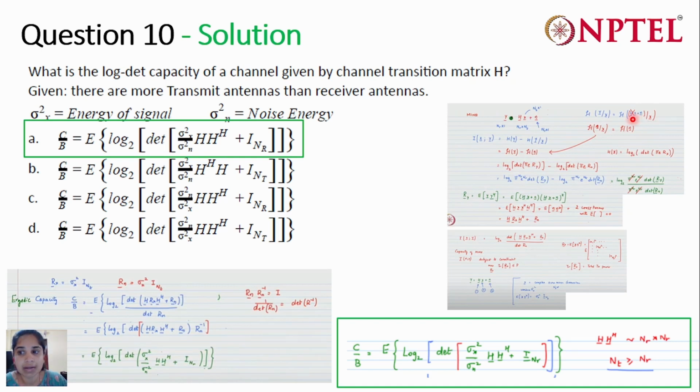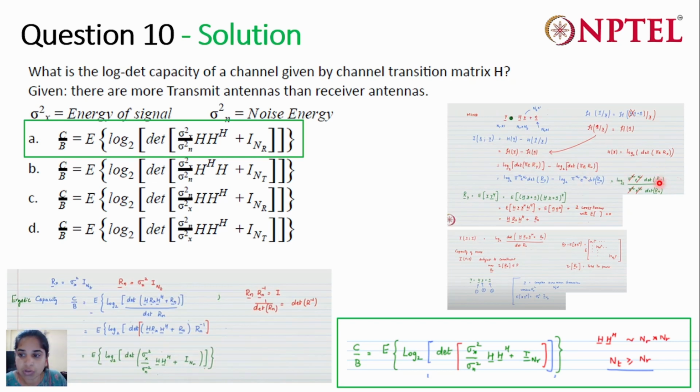Given x, there is no uncertainty in Hx, right? So directly h of y given x boils down to h of n given x, which is again the same as h of n. So there is no information you can get from the data about noise, right? So h of y given x is directly h of n. So we have h of y minus h of n.